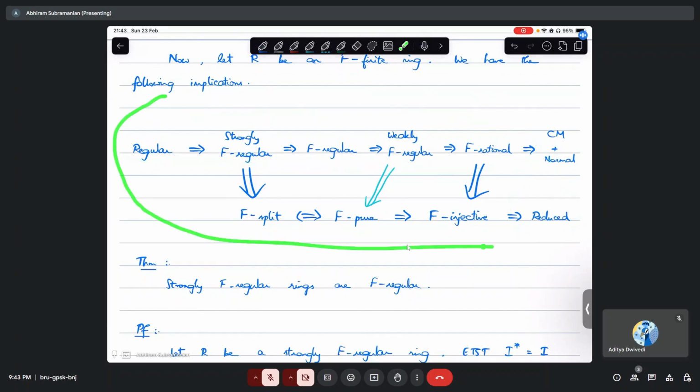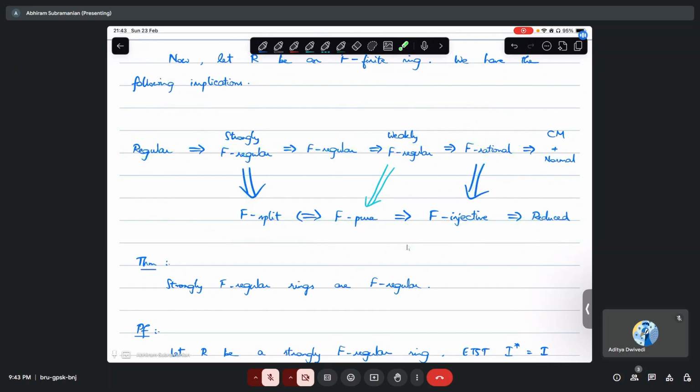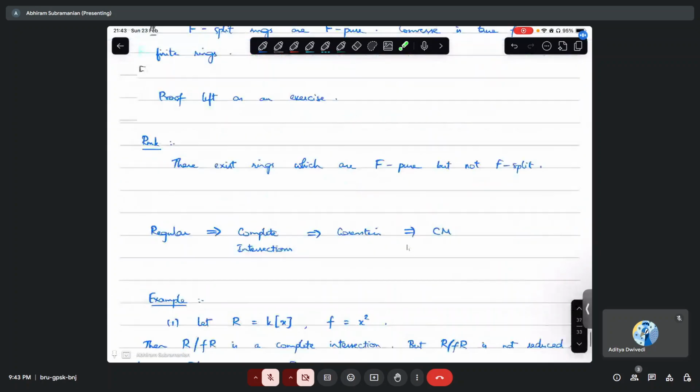Every arrow here leads to reduced, whether you go this way or this way. So if a ring is not even reduced, then what are we doing here?